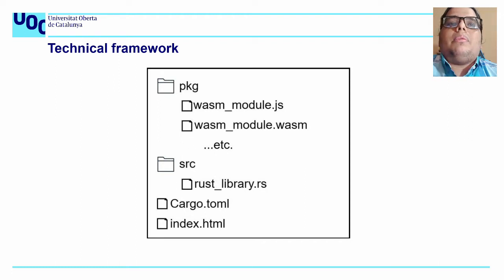In this image, we have a simple representation of how this type of project can be structured. We have the entry point that will be the index.html and the code generated by WebAssembly inside the pkg folder.